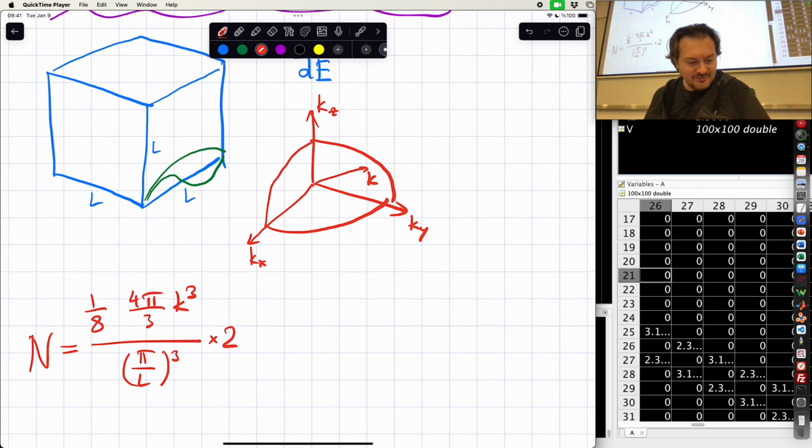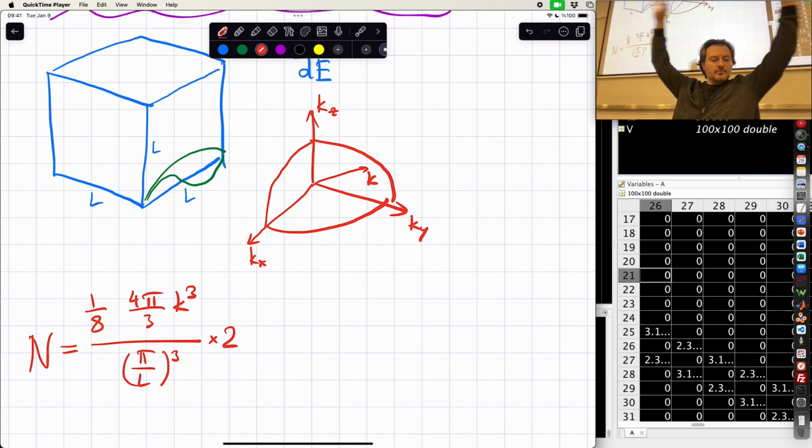Okay, very good. Say it again. Is it the 2 pi over L, not pi over L? No, it wasn't 2 pi over L because of the way we treated it. Just trust me, okay?